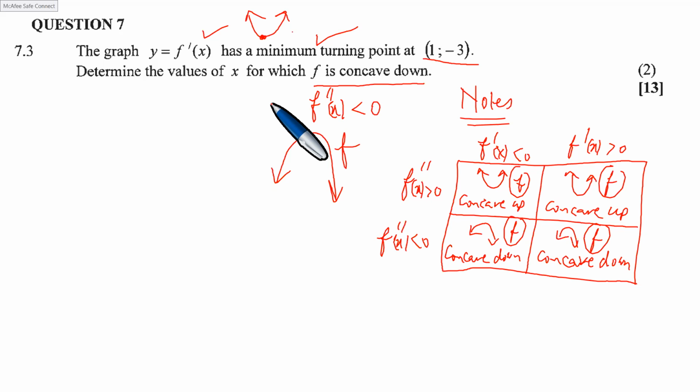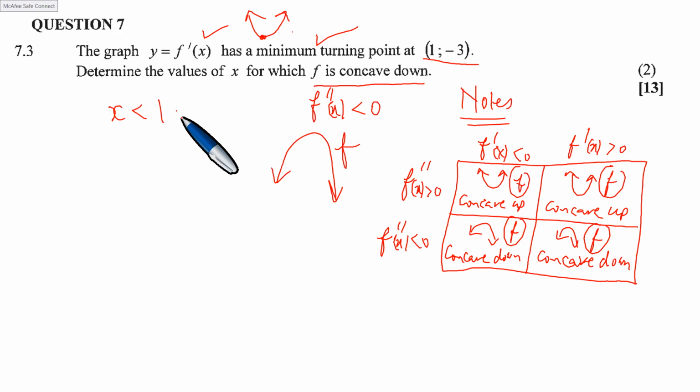And so obviously the answer is very clear now. I'm sure, but you need to think about it. If this is the minimum turning point at this point, it means x must be less than 1, because you need to determine the values of x for which f is concave down.